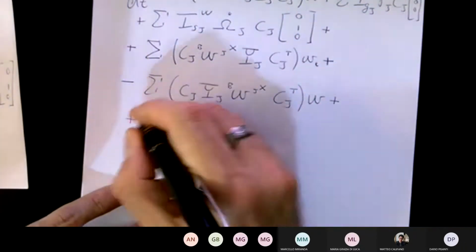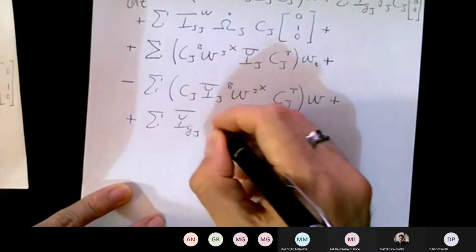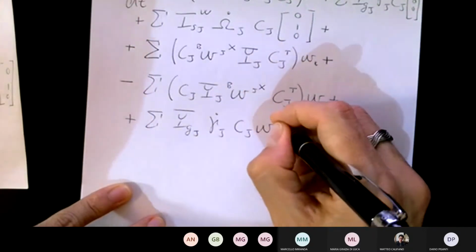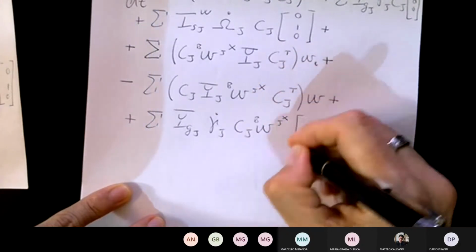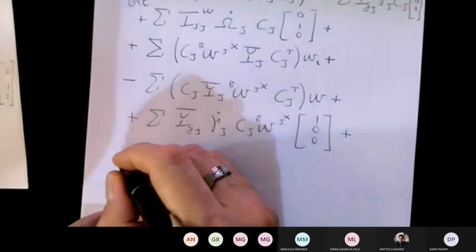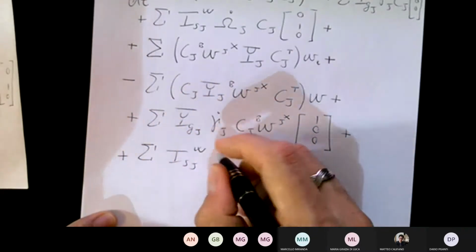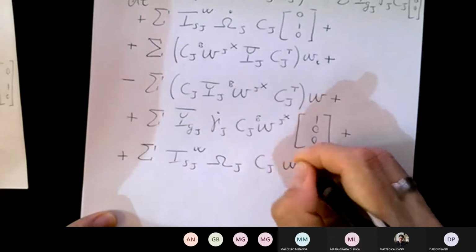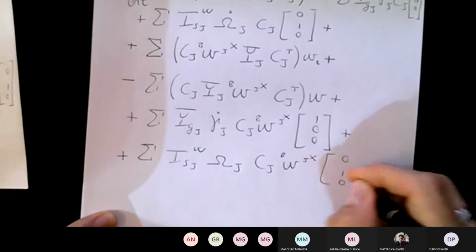And then I have summation of YGJ, the gamma dot, and then I have Cj omega J with respect to the body skew symmetric matrix that multiplies the vector 1, 0, 0, and one last term, which is summation of ISJW that multiplies the spin rate of the wheel Cj omega J with respect to body skew symmetric matrix 0, 1, 0.